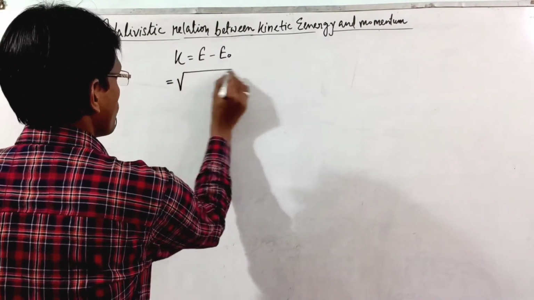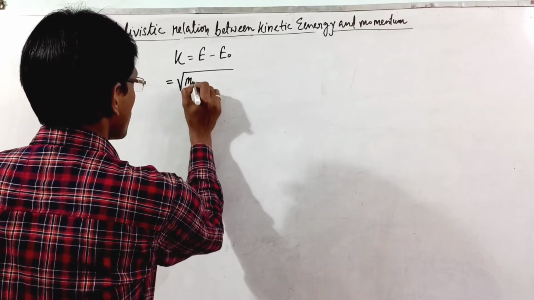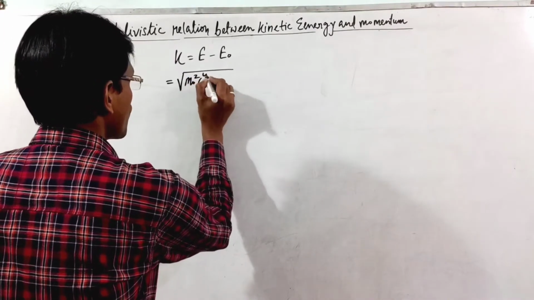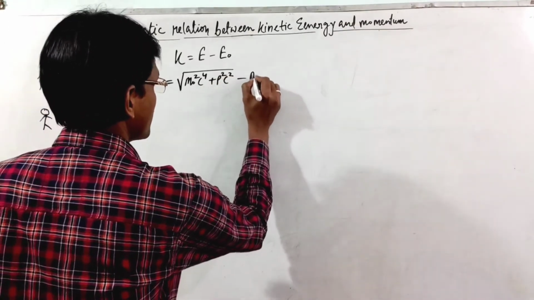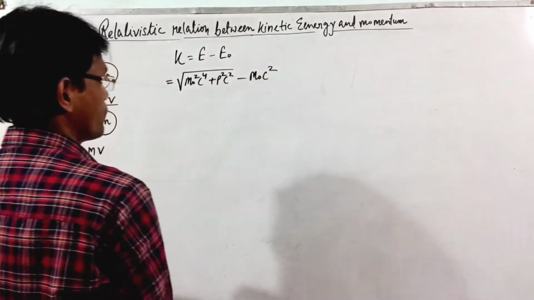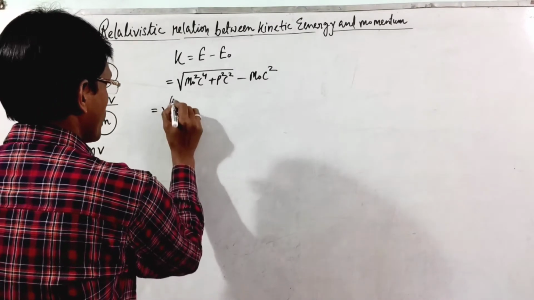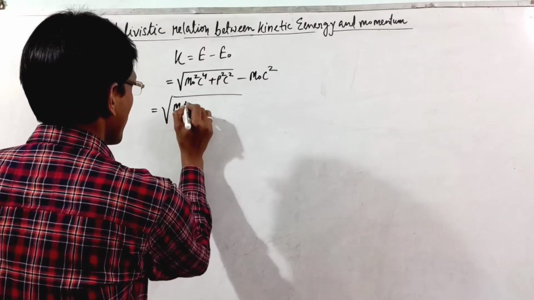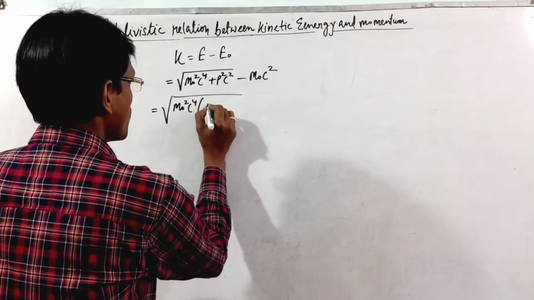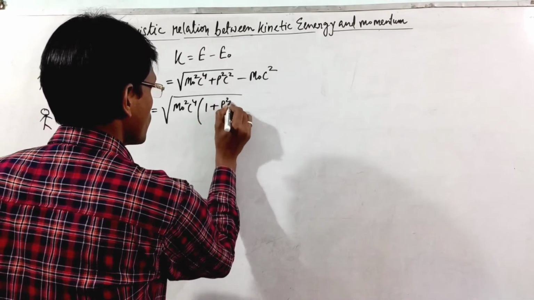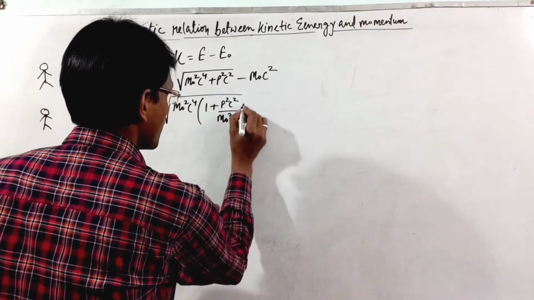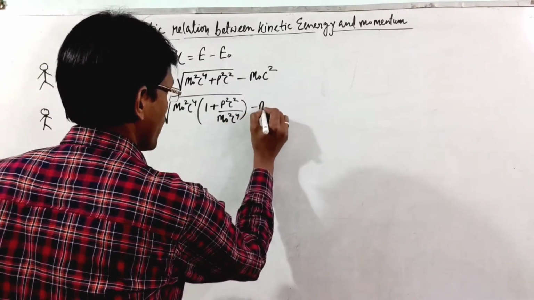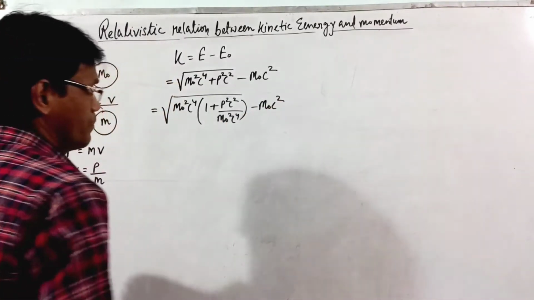Now we write E equal to under root of m0 square c to the power 4 plus p square c square, minus E0, which is equal to m0 c square. We take common m0 square c to the power 4, then 1 plus p square c square divided by m0 square c to the power 4, minus m0 c square.